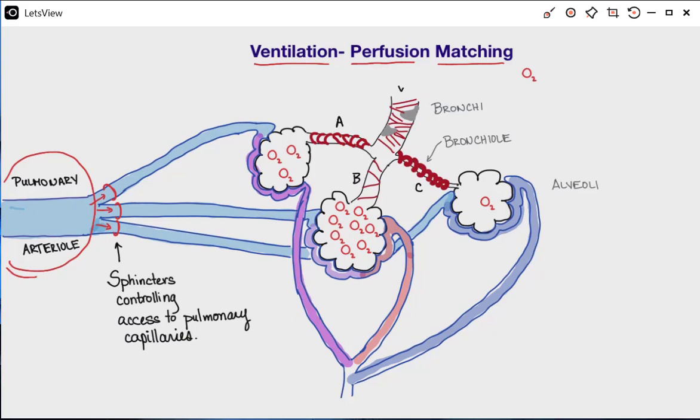And so the way that the body will do this is it will adjust the tone of these sphincters over here. If I want to restrict blood flow to C, I probably want to completely restrict blood flow to C, maybe reduce blood flow to A, and allow as much blood flow to B as possible, then I'm going to do something like the following.